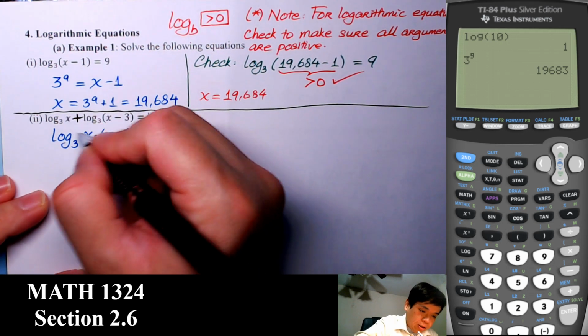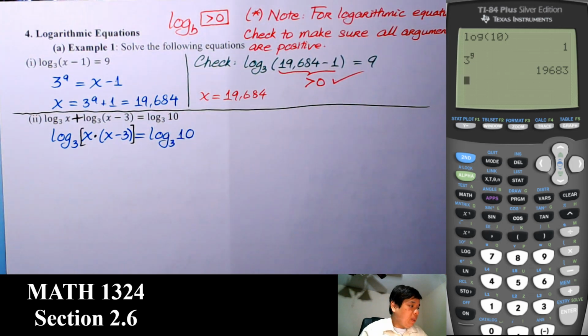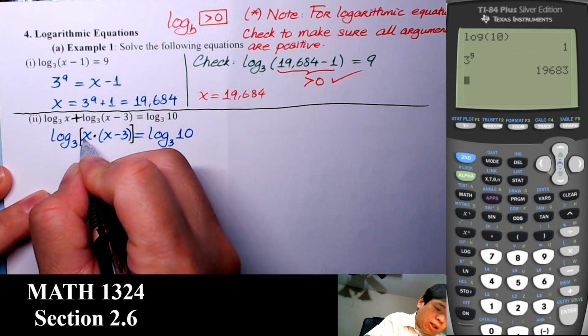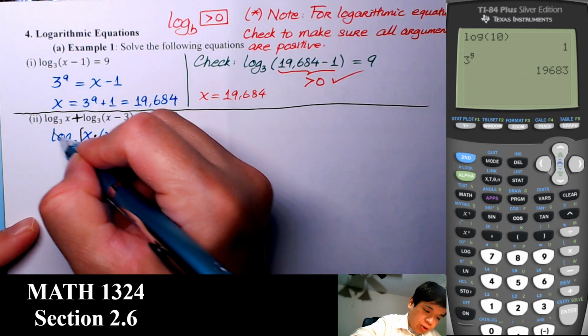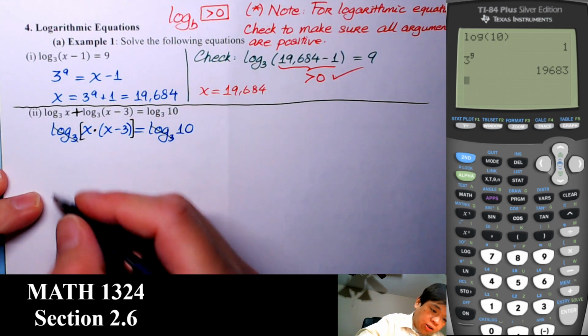So I will multiply them out. Now we have both of them, we have the log base 3. Just going to cancel. Two logs are equal, the bases are equal, so the arguments will be equal.